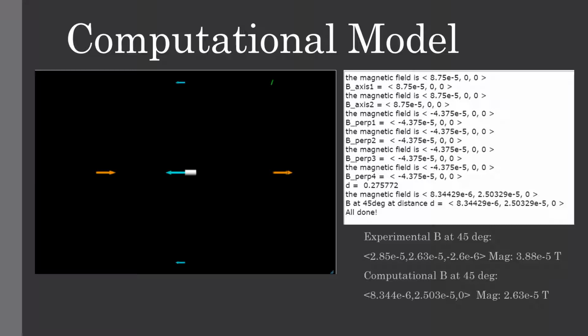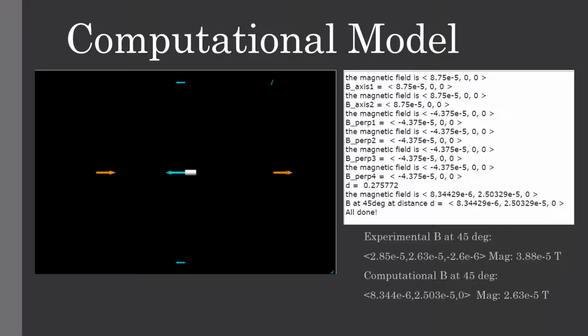The vectors in orange represent the on-axis magnetic field, while the cyan arrows represent the 4 perpendicular vectors for the magnetic field. The green arrow represents the magnitude and direction of the magnetic field at an observation location 45 degrees from the bar magnet. The values of each of the vectors are listed on the right.